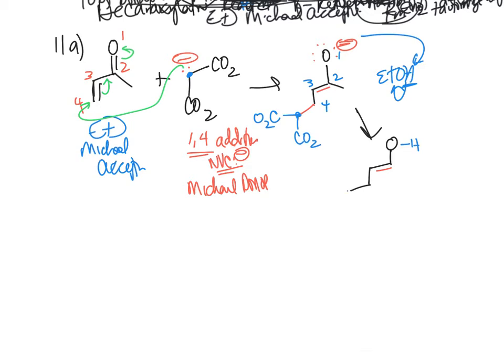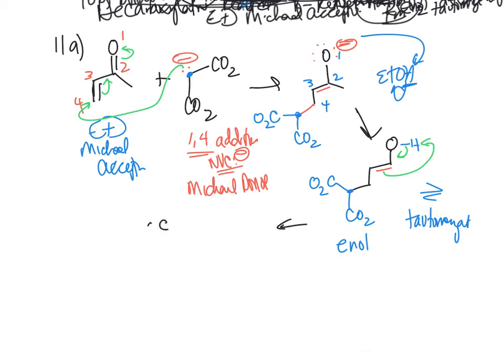And then we have this CO2, CO2. Now, what's interesting here is, yes, that's an enol, and it is going to tautomerize. So tautomerization. I just do it quick and easy here. So then your product becomes this molecule here.